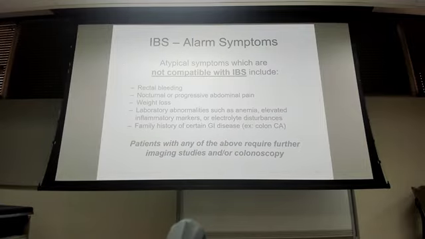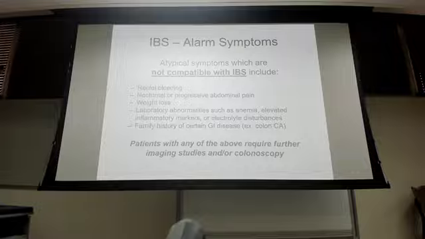Alarm symptoms. These are not new to us, right? Rectal bleeding, unexplained weight loss, pain that wakes you up at night while you're sleeping, anemia, abnormal markers for inflammation. So if we have those, it's not IBS. We've talked about what it could be, and we'll continue to talk in future lectures what it could be, but you should have a whole list of differentials in mind at this point.